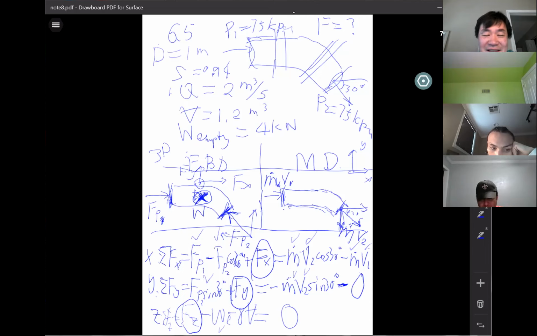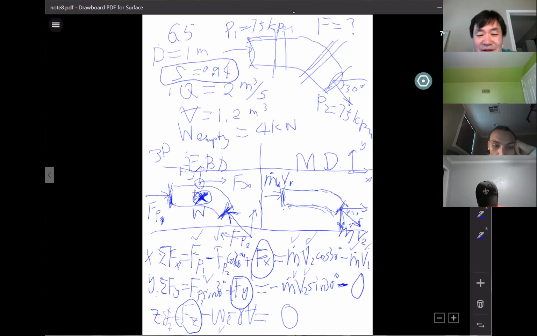No, it didn't. But we have the S, the specific gravity. So it's 94% of the gamma of water. Okay, so that gives the gamma of this fluid. See, that's a testing point here, to test if you can calculate gamma from the specific gravity.